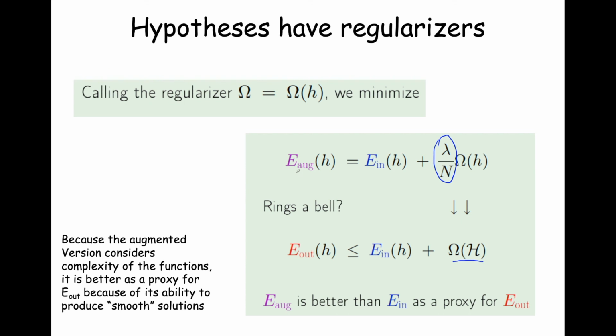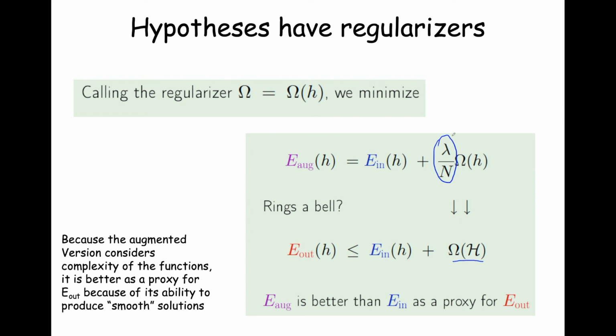So this augmented error almost looks like something we've seen before when we talked about the VC bound. Because the augmented error version considers complexity of the function, you can think of that regularization as defining complexity. The smoother the hypotheses, the more constraints, the less complex it is. The less smooth the hypotheses, the fewer constraints, the more complex it is. And so this augmented error, this regularization penalty, almost looks like a complexity term, but it works in the inverse, right?